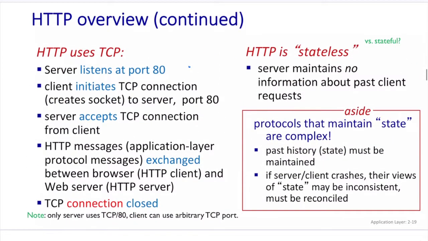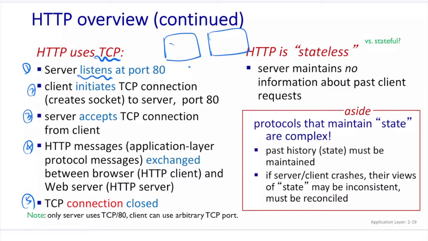So some other things right here. Since we need to send files, inevitably we can only use TCP because we cannot miss any single bit when receiving files, right? There are 5 steps right here. First, the server should listen at port 80. So for example, we have a client right here and the server right here, and here's the port, right?